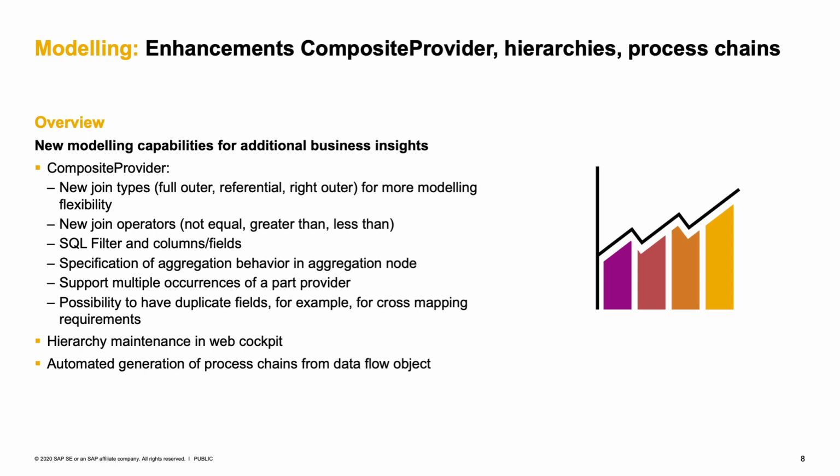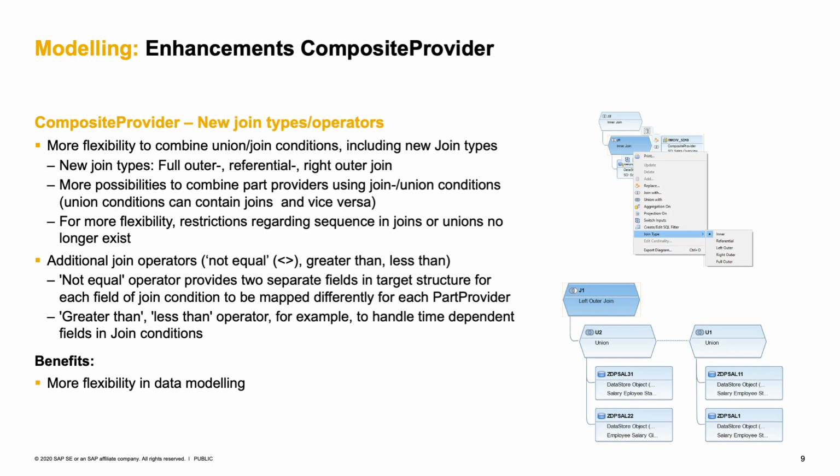And as a third bullet point, we really made development of process chains much easier and a lot less effort by having a possibility to automatically generate process chains from the graphical data flow modeling. So this really reduces development effort quite a lot.